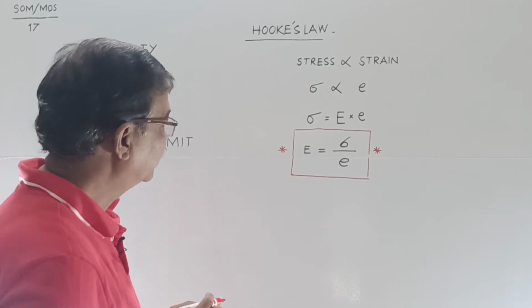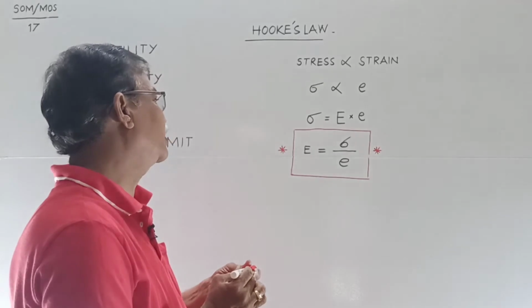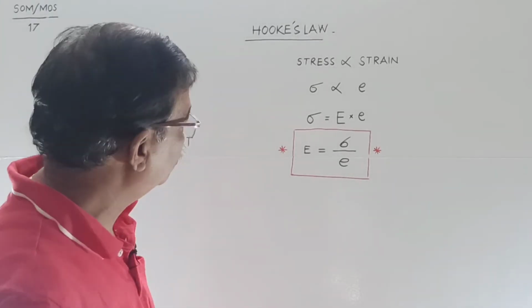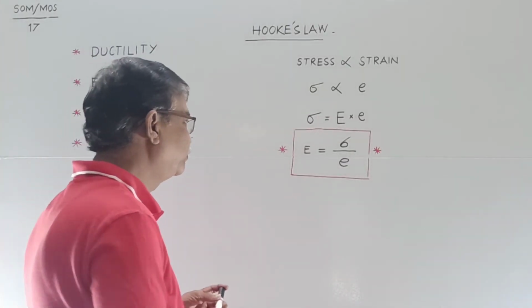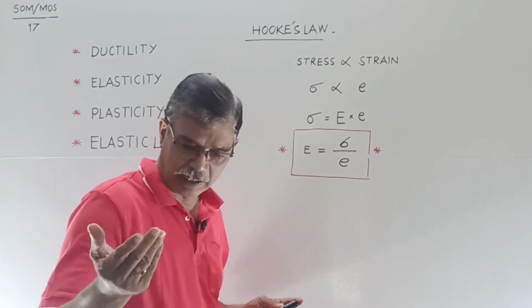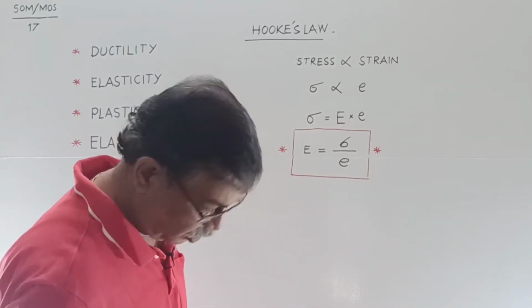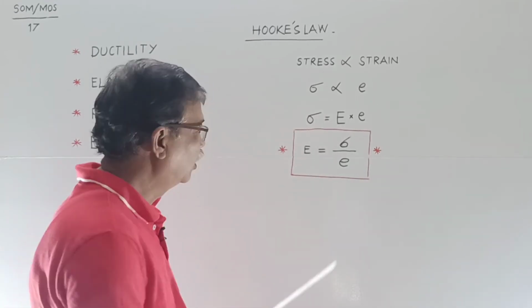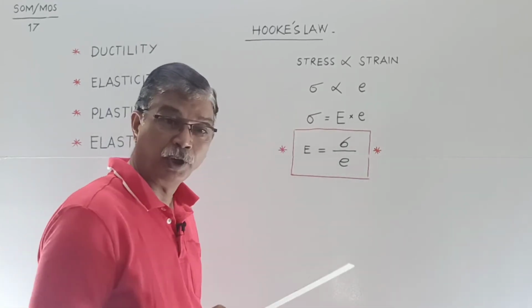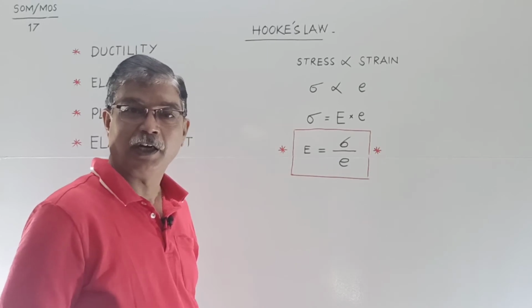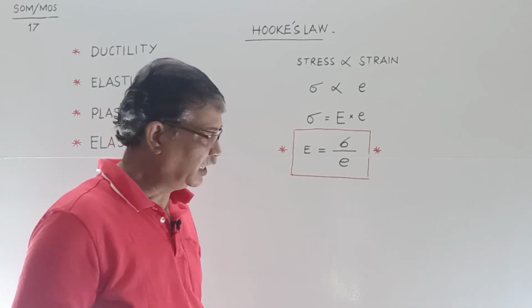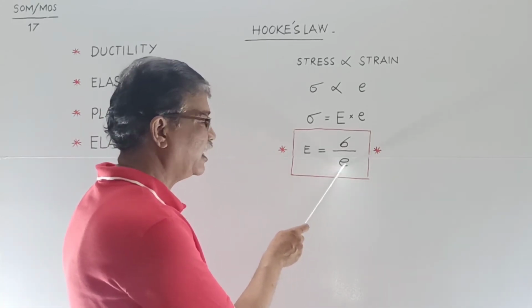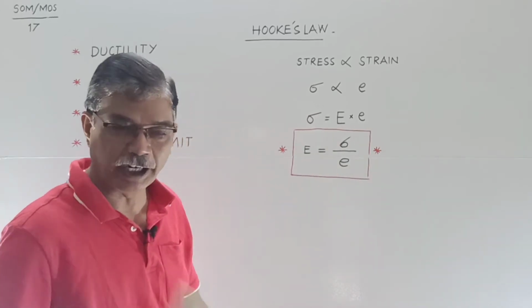Okay. Now let us see what are the units of modulus of elasticity. Like the numbers, you can go for operations like division for units. What is the unit of sigma? Newton per mm square, MPa, GPa. What is the unit of e? e has no unit.